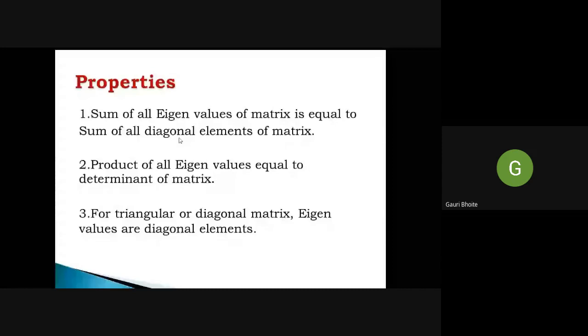Second, the product of all eigenvalues of the matrix is equal to the determinant of that matrix. Third, if the matrix is triangular or diagonal, then the eigenvalues are nothing but the diagonal elements. Based on these three properties we are solving examples.